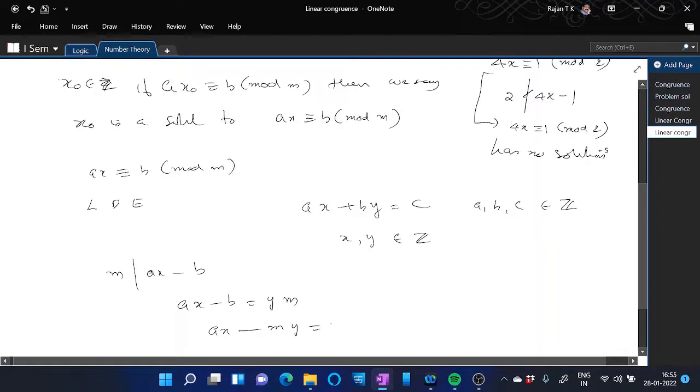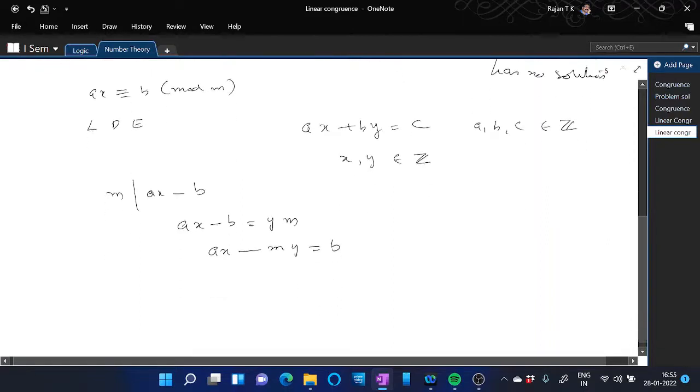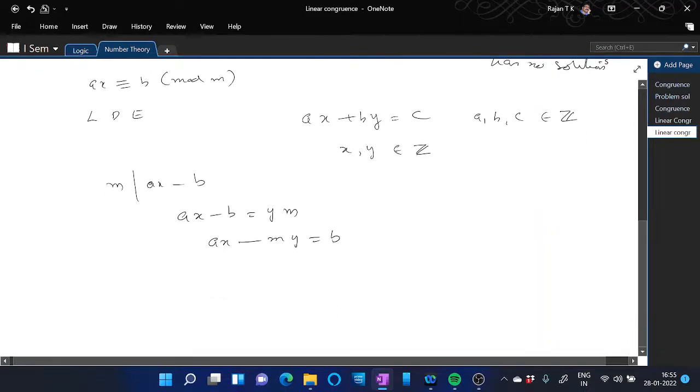is equal to b, which is a linear Diophantine equation, because its solutions we are expecting to be integers, and the constant coefficients a, m, b are also from the set of integers. So any linear congruence ax congruent to b mod m can be regarded as the linear Diophantine equation ax minus my equal to b.